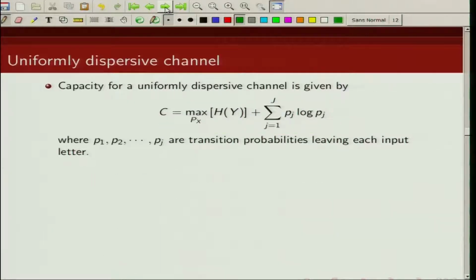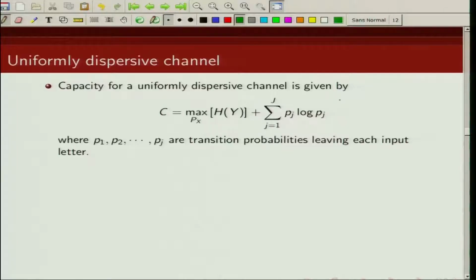Next, we can write down the expression for capacity for a uniformly dispersive channel. Capacity was maximizing over all input distributions H of y minus H of y given x. Now, no matter what the choice of P of x, this quantity is fixed for a uniformly dispersive channel, so minus of this is essentially given by this expression.